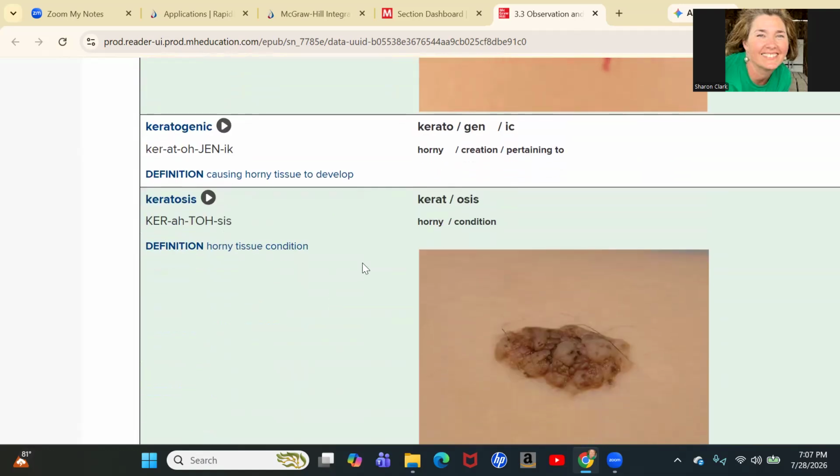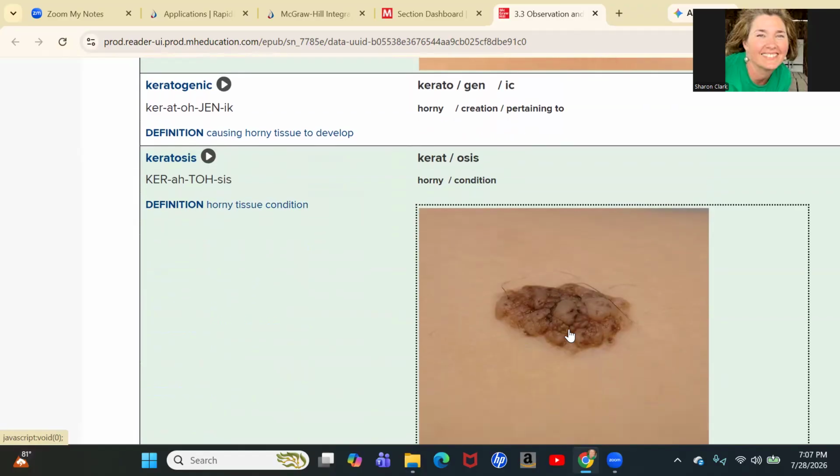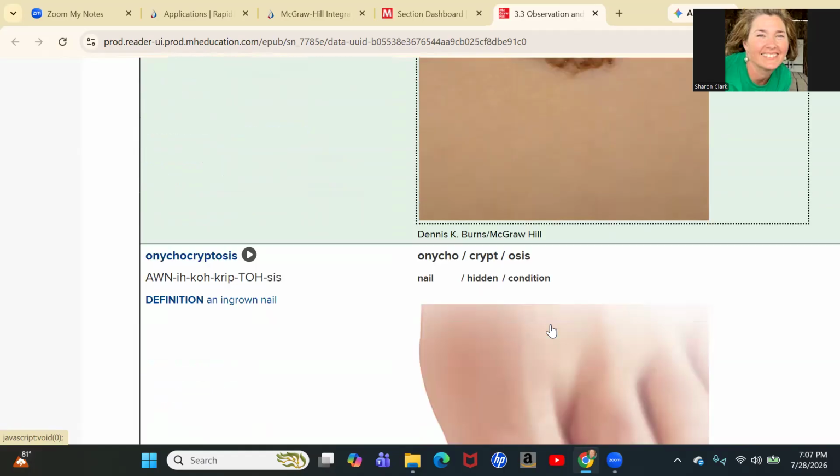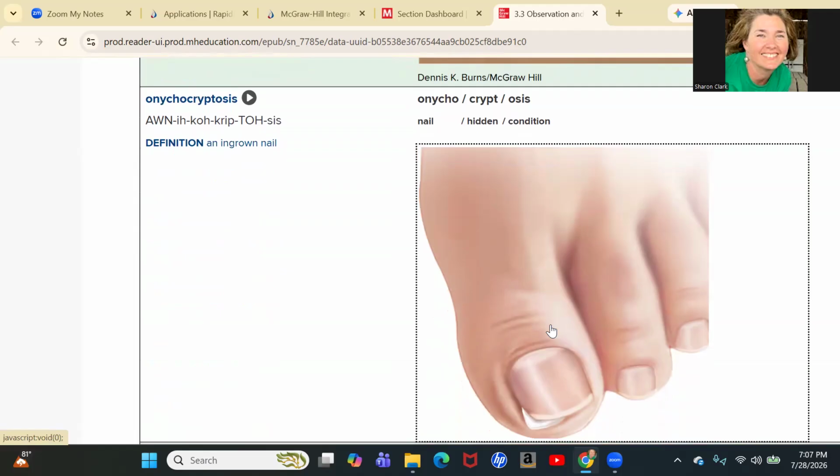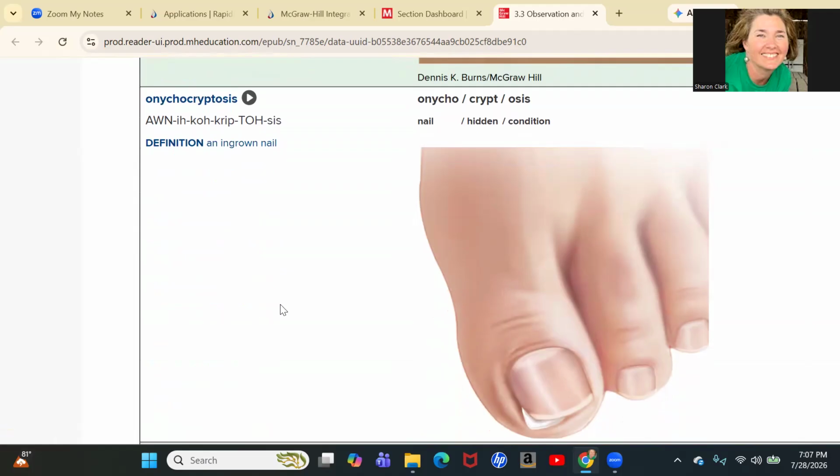Keratosis is what we talked about earlier, these hard, kind of crusty growths, this horny tissue condition on the skin. You see a very good example here. And then onychocryptosis, this is a fun one.